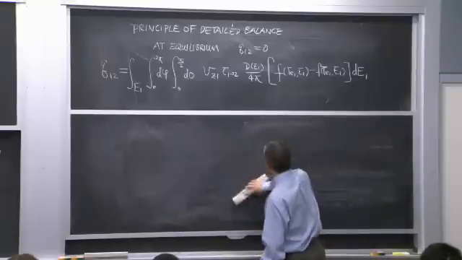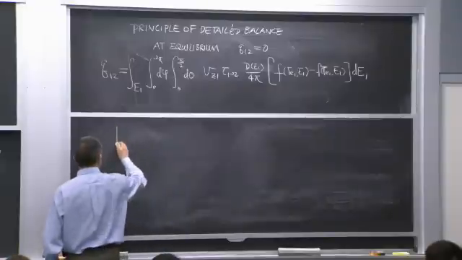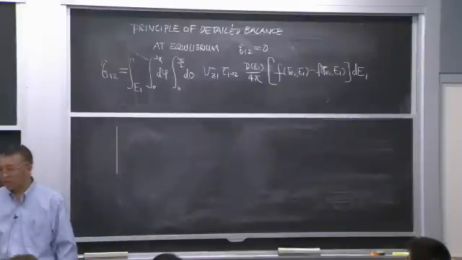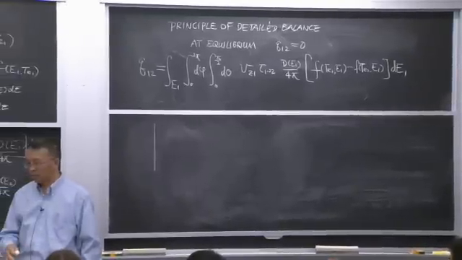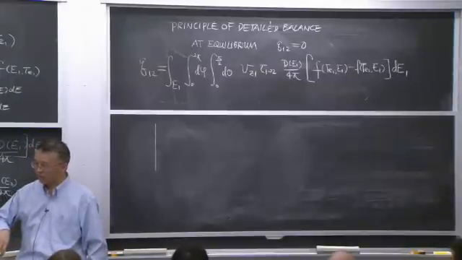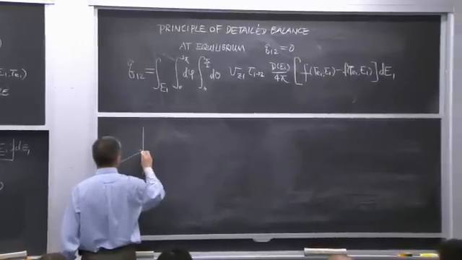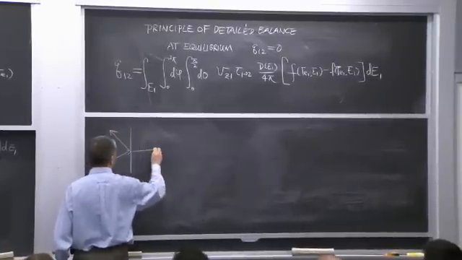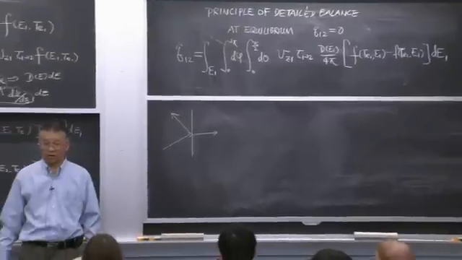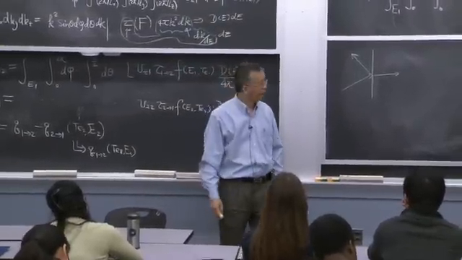Now we understand that when I have two media, even if they are a perfect interface, even atomically flat, but they are two different materials, or even the same material with different crystallographic configuration, what happens is that at the interface a wave comes in, and I will have reflection and transmission. In principle, you can calculate that.